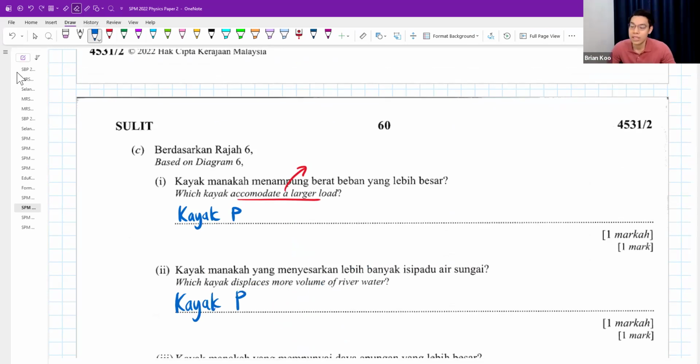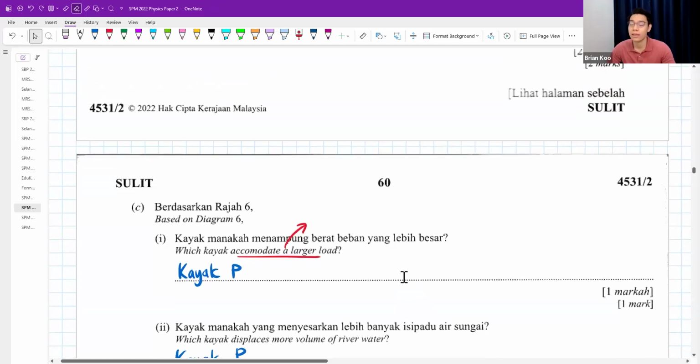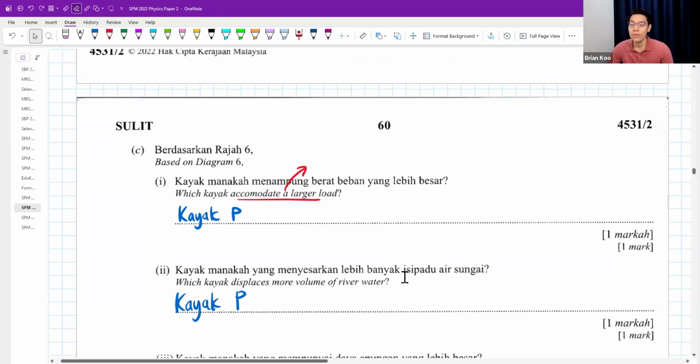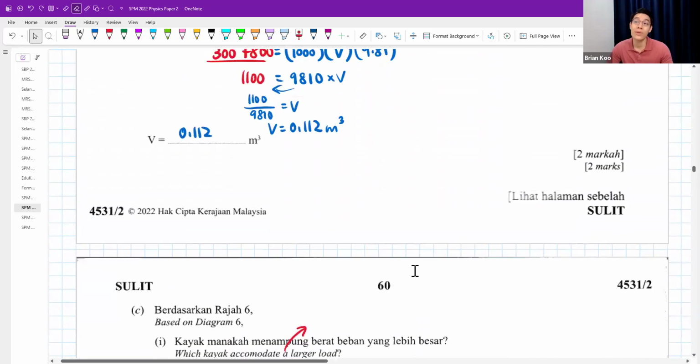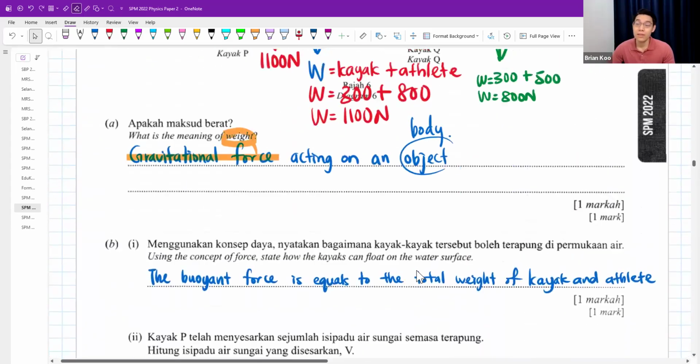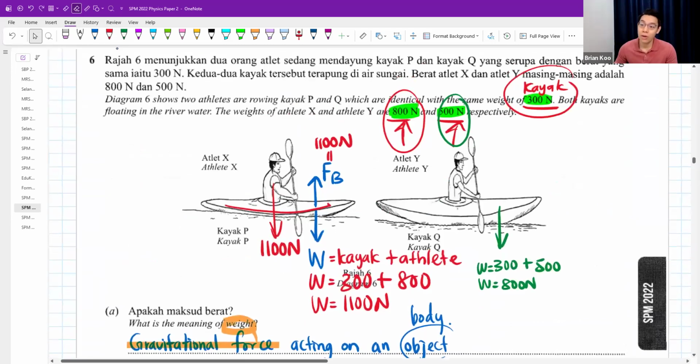When they ask this question, some people will think, oh teacher, this one's so easy. Really, they ask something like that? Yes, they are just testing the students. Do you know the meaning of displace more volume? It means which kayak has more volume under the water.